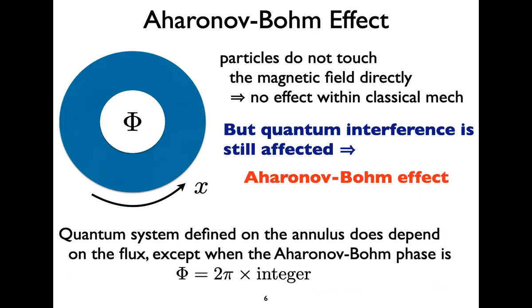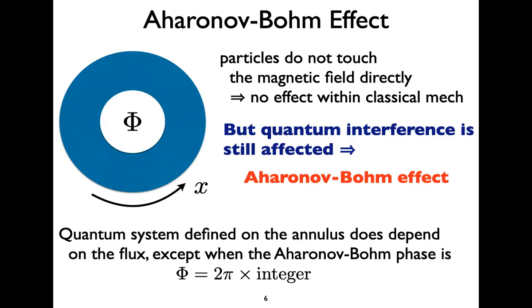Then we can impose periodic boundary condition in the x direction. Topologically, such a system with periodic boundary condition is equivalent to a torus or annulus like this. If you move some length in the x direction, you come back to the original point.